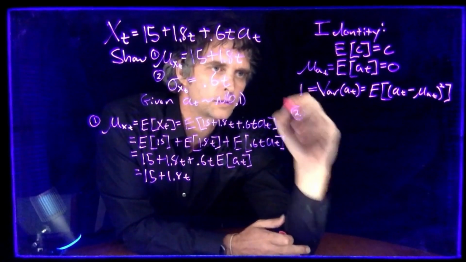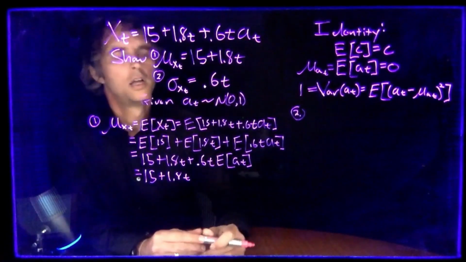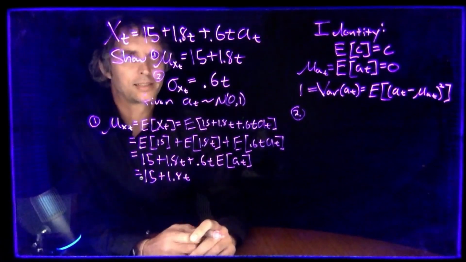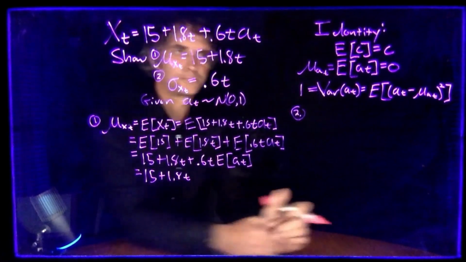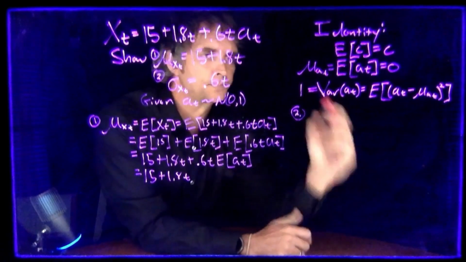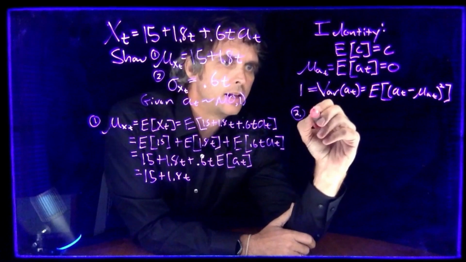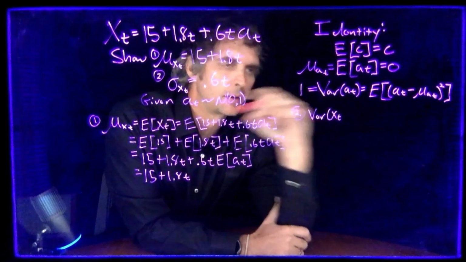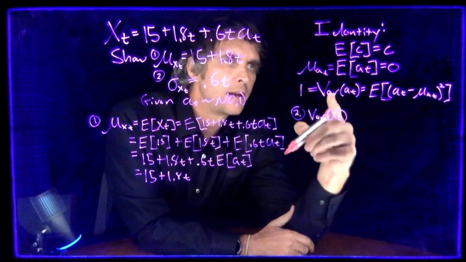Probably write a little smaller. We've got some work to do. But what we'd like to show is that sigma xt equals 0.6 t. So I'm going to start this time actually with the variance. I'm going to say that the variance of xt, and we'll see why we're going to do that. But we have this nice definition.